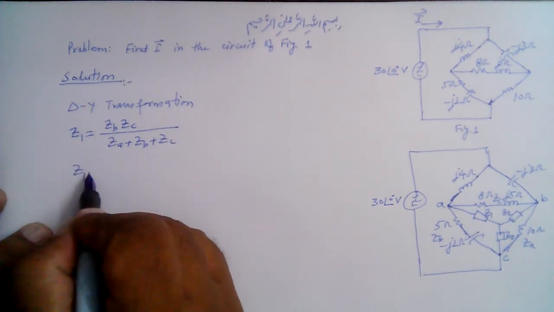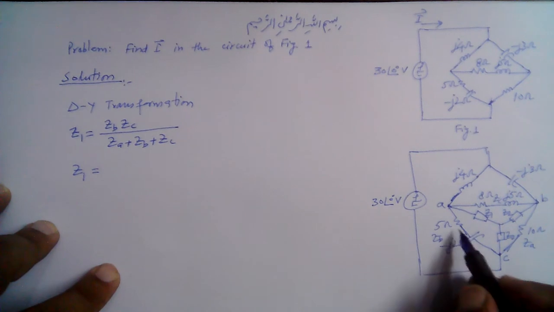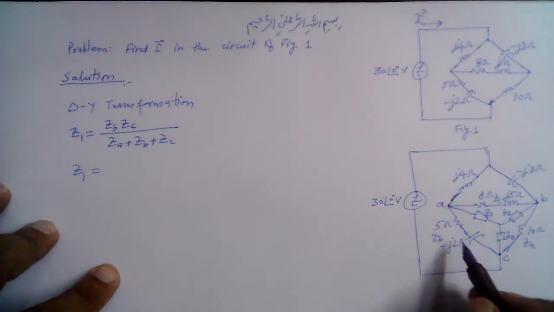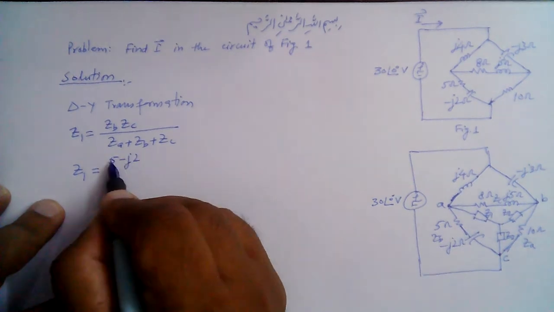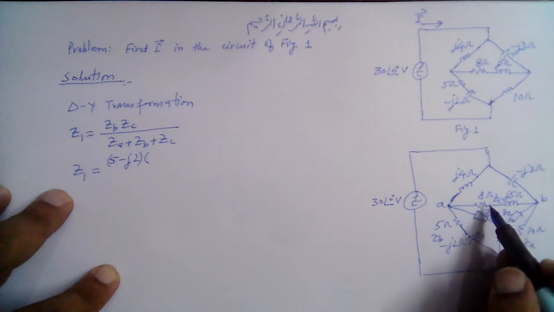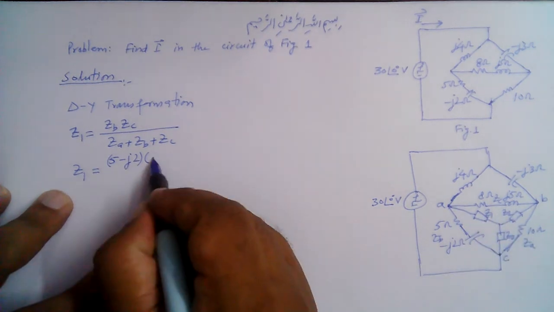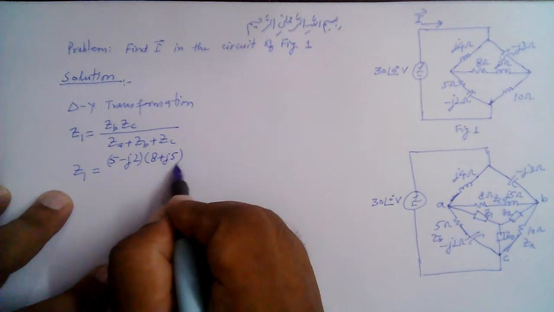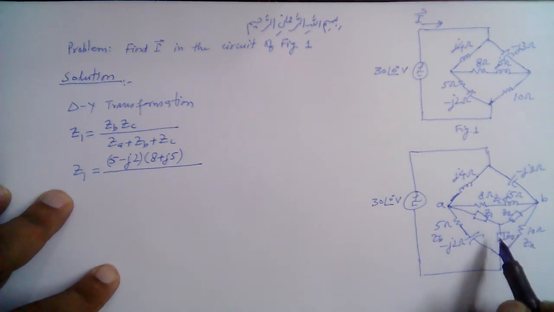So Z1 is equal to ZB, which is 5 minus j2, multiplied by ZC, which is 8 plus j5, and we sum all three branches of the delta combination together.